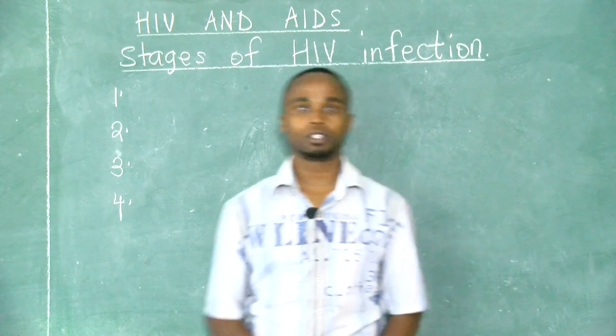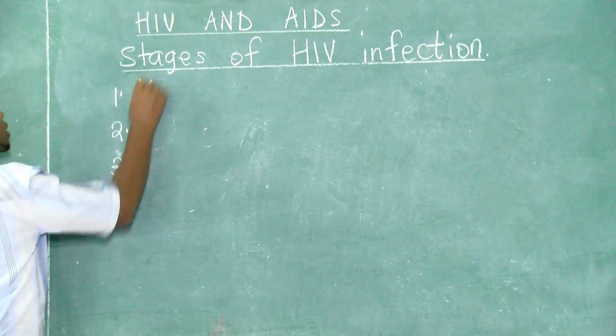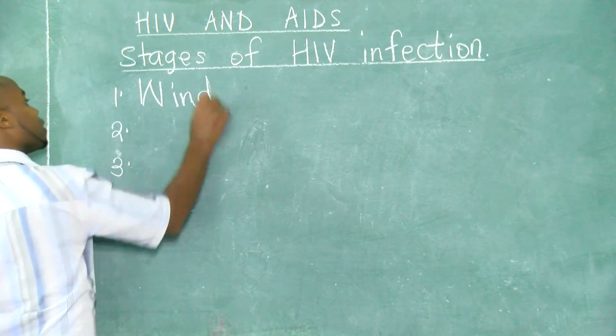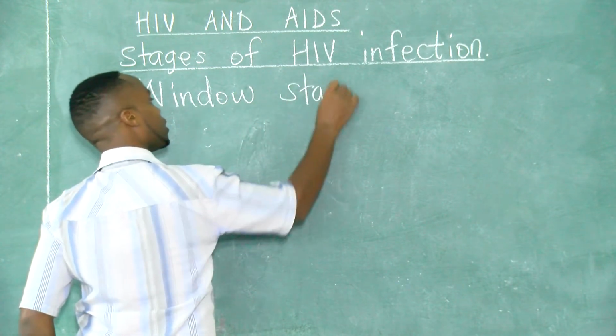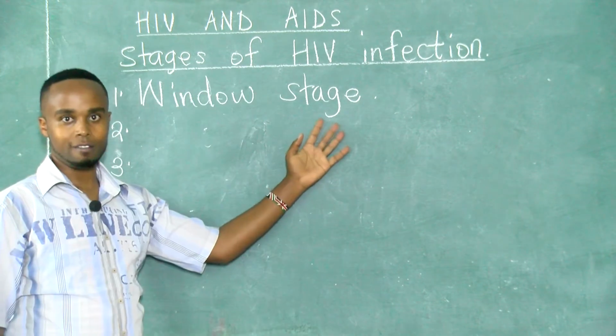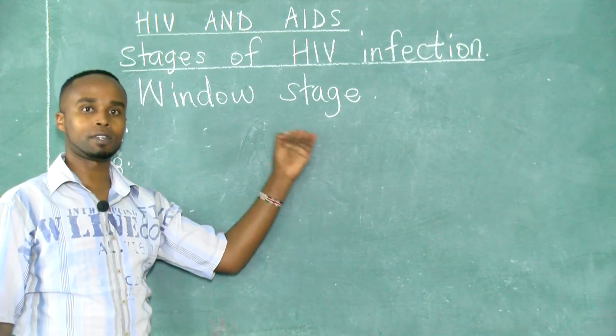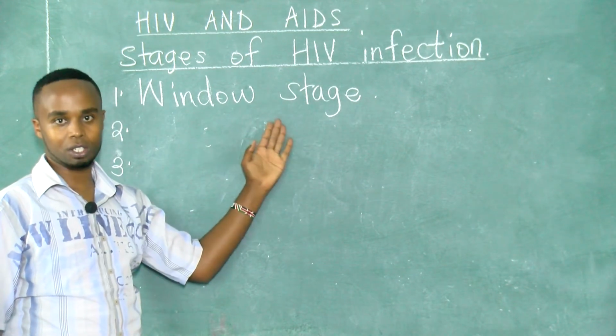The first stage, we call it window stage or period. So whenever you are asked to give out the stages of HIV infection, always start with this one, window stage.